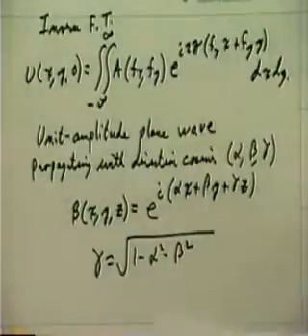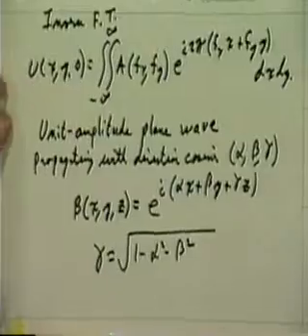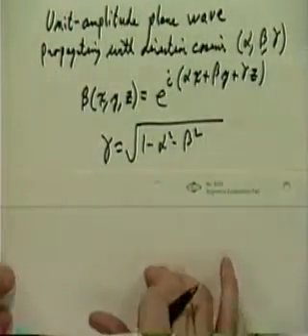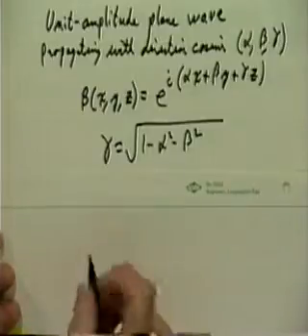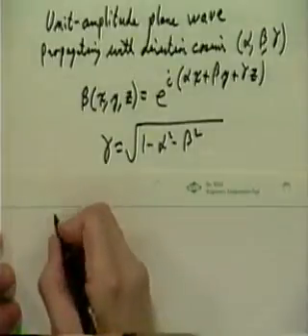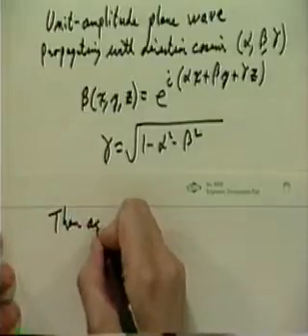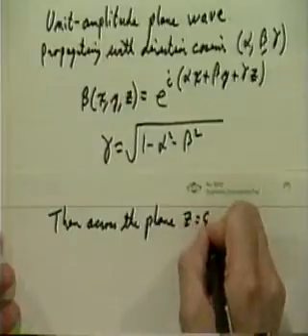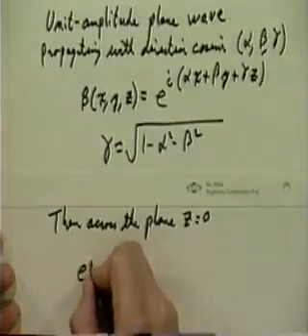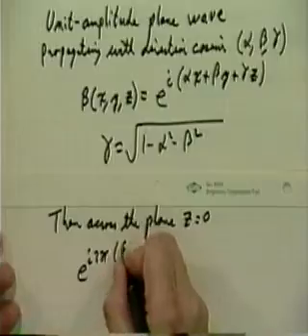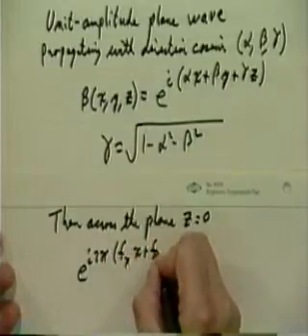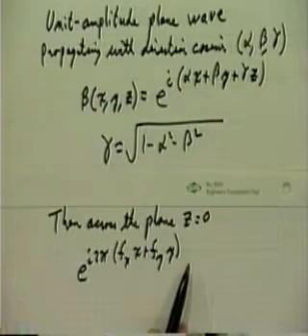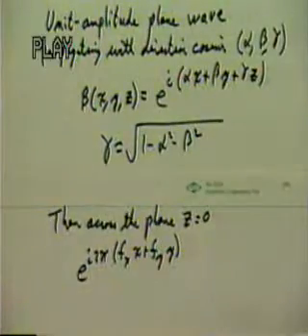Well, let's carry that on a little more and see if we can find something good about this. So we can say that if we go to some plane z equal to 0, we have e to the i 2 pi (f sub x x plus f sub y y). If we have something like this, we can think of that as simply a plane wave.